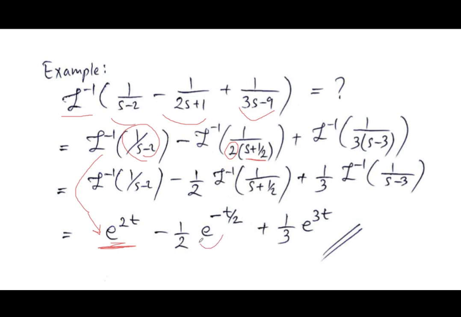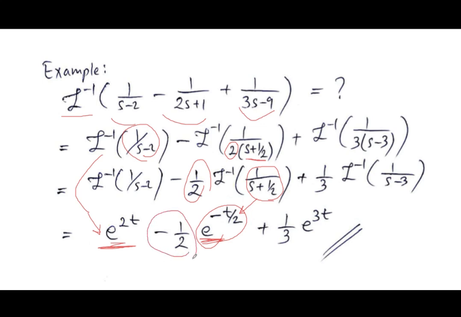We know that this can be written again in terms of the exponential function. But we just need to make sure this 1 half, we take it out, as you see, because otherwise we cannot obtain this exponential. So once we take out this constant term, here this expression is now familiar territory for us, because we can say that the inverse Laplace transform of this expression corresponds to e to the power minus t over 2.